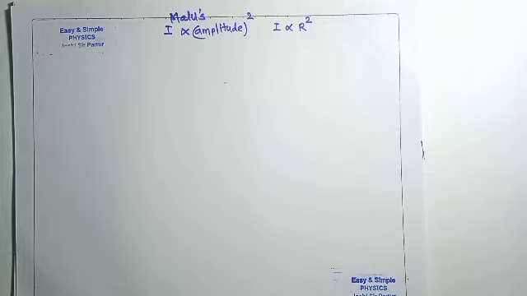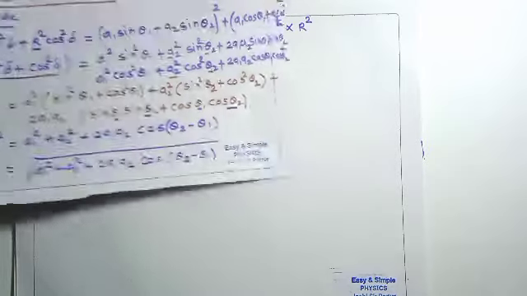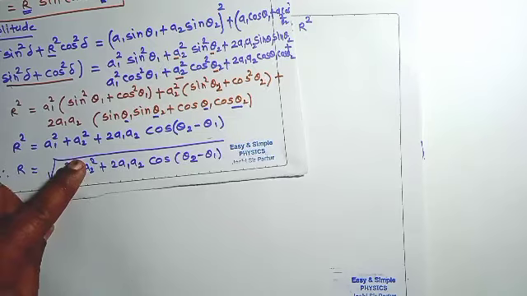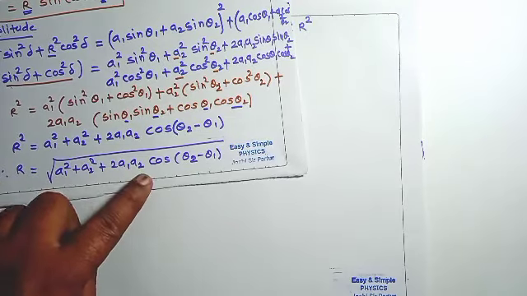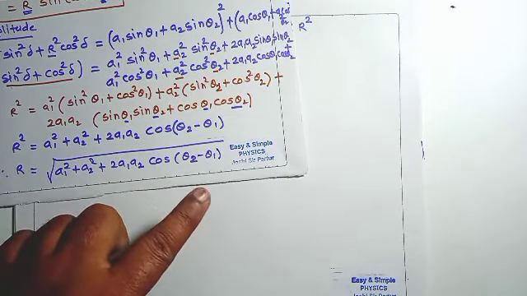This r has the value square root of a1 square plus a2 square plus 2 times a1 a2 cos of theta 2 minus theta 1.